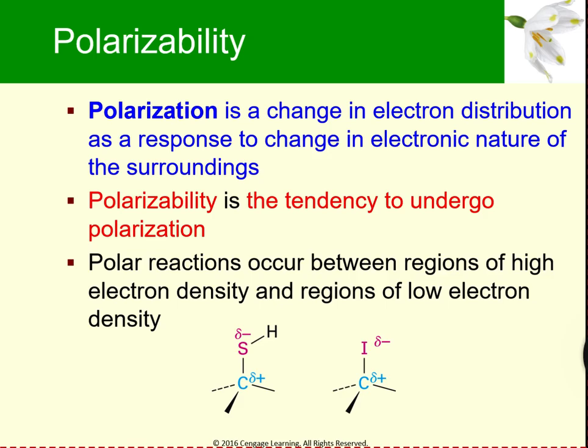Now we understand what polarity is. Polarity is plus or minus charges, and if a bond has high polarity, that means one of the two atoms in the bond is positively charged and the other is negatively charged.